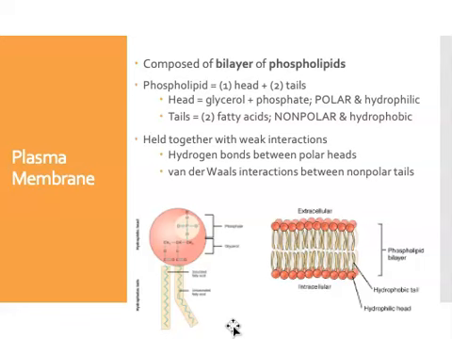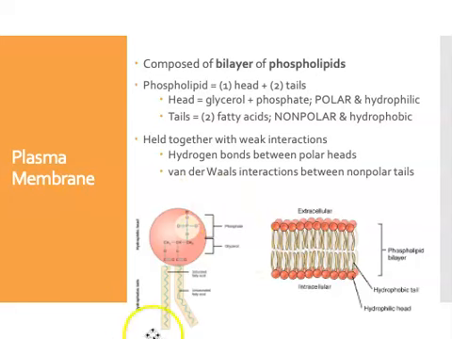Phospholipids make up membranes. Structurally, each individual phospholipid is composed of a head region, what's drawn as a circle, and two tails coming off of the head. One head and two tails, therefore, make up one phospholipid.